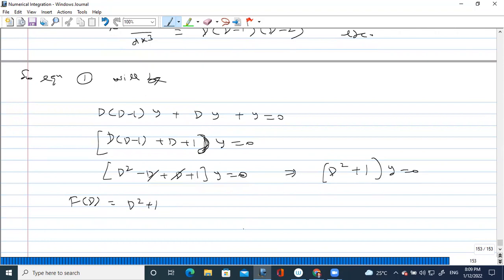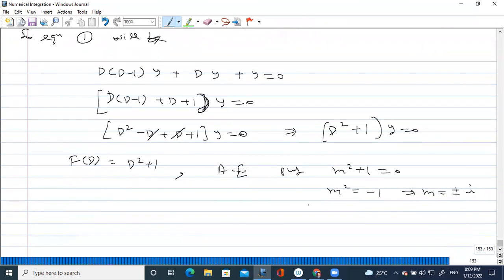On the right hand side, because it is 0, it is homogeneous. So to get the auxiliary equation, put m square plus 1 equal to 0. So m square will be minus 1, m will be plus minus i. So alpha is 0, beta is 1.